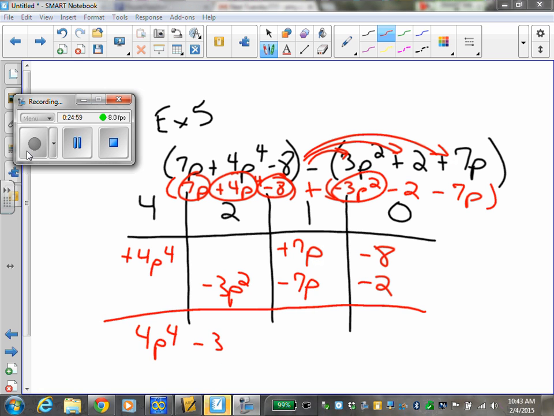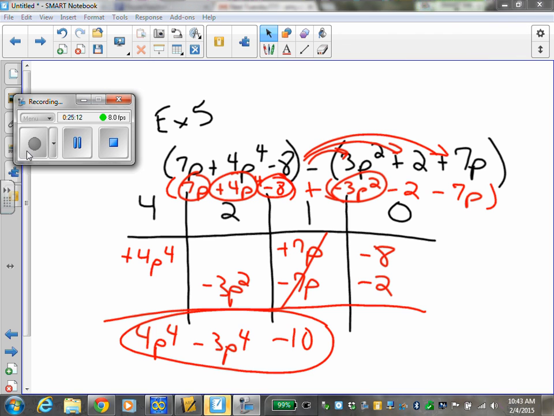This guy comes down. What about here? They cancel, nothing. Okay, and then you get a negative 10. So 4p to the fourth minus 3p to the second. See, cautious, careful, conscientious, minus 10. How many got that? Yay, good.